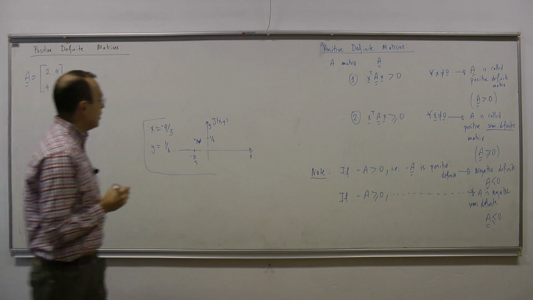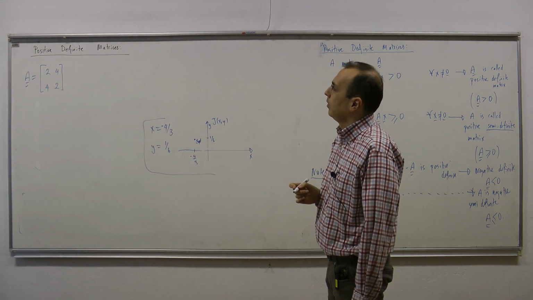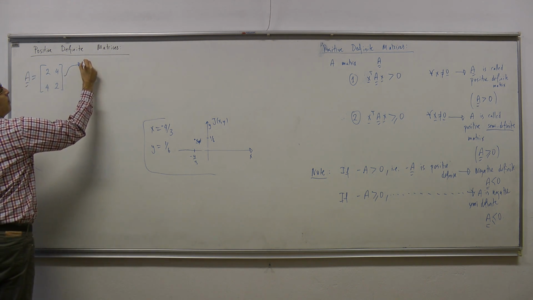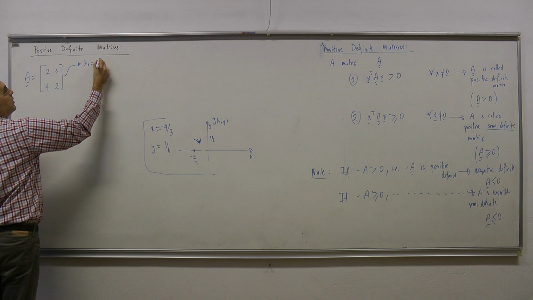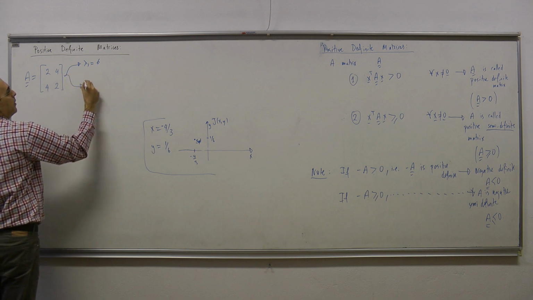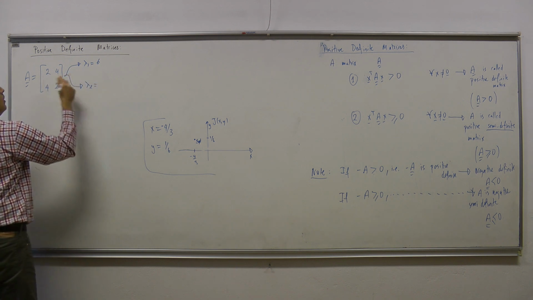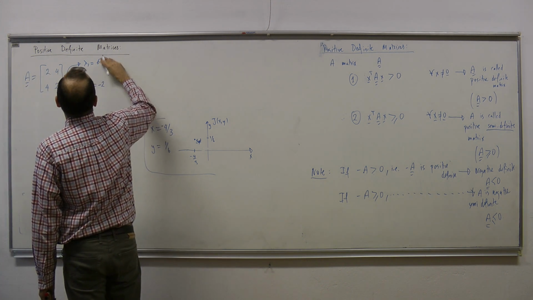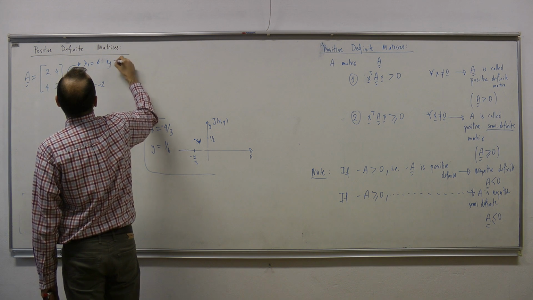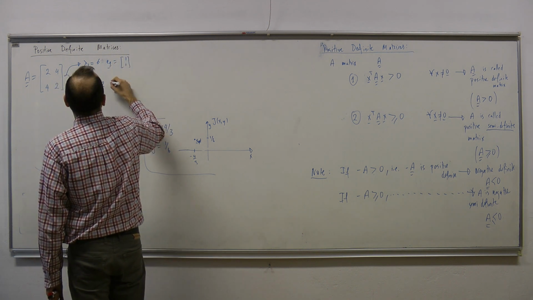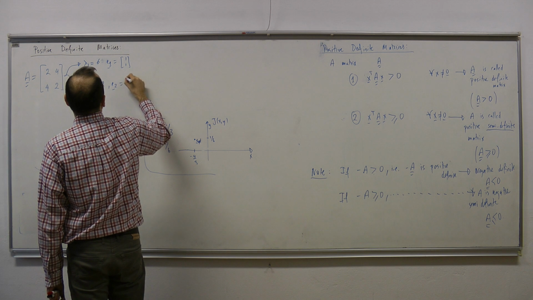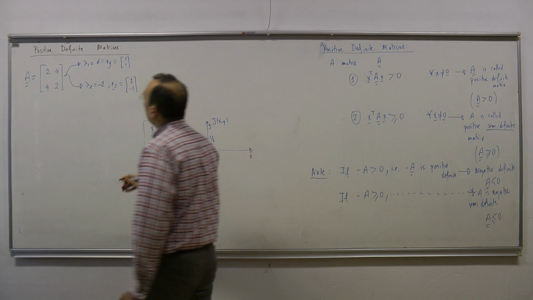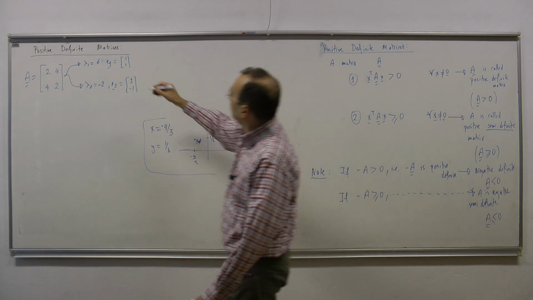Now, I won't be discussing this, but it's very easy to see the eigenvalues: lambda 1 of this is 6, and the other eigenvalue, lambda 2, is -2, and the corresponding eigenvectors, E1 is 1, 1, and E2 is 1, -1. Let's say that I have calculated that.